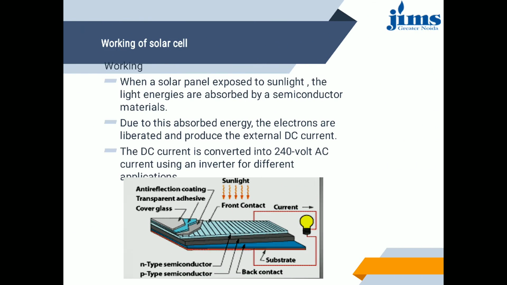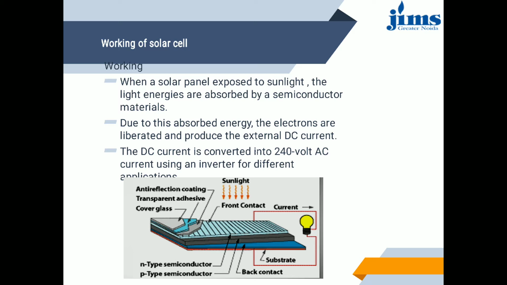Now coming to the working of a solar cell. A typical silicon PV cell is composed of thin wafers consisting of an ultra thin layer of phosphorus doped N-type silicon on top of a thicker layer of boron doped P-type silicon.